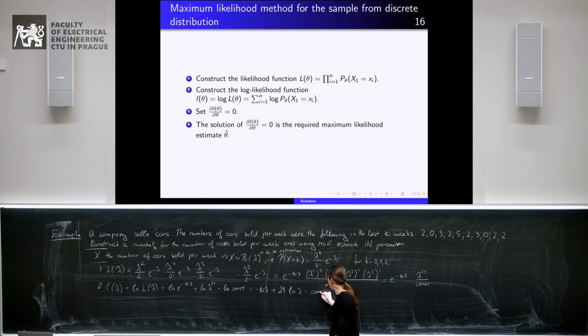So it is another constant. Let's denote it constant 2 when this was constant 1.